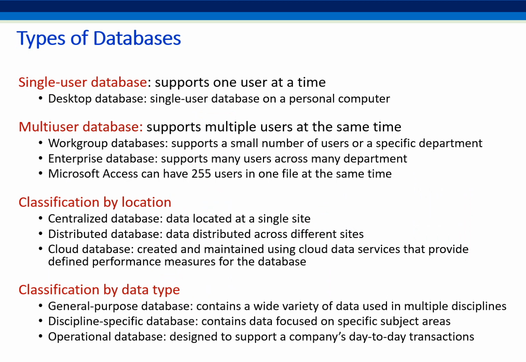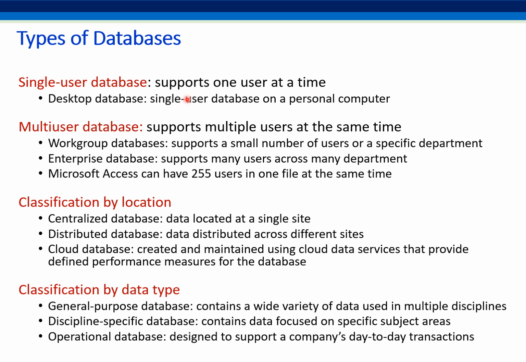All right, types of different databases. We have different types, and it really just depends on what you want to do. We have a single-user database, one user at a time. This would be more like Microsoft Excel, because Excel now has a feature where you can create tables and have the tables talk to each other through Power Query and then make a Power Pivot.